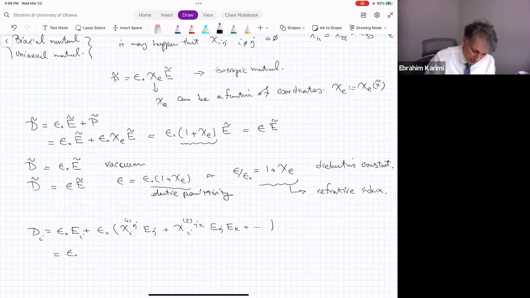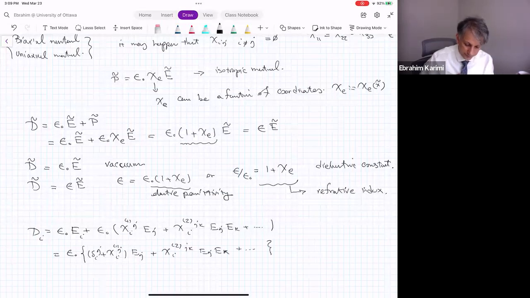And epsilon 0 can be factored out. Then what you will have is 1 plus chi ij Ej plus chi 2 ijk Ej Ek plus that. Okay.